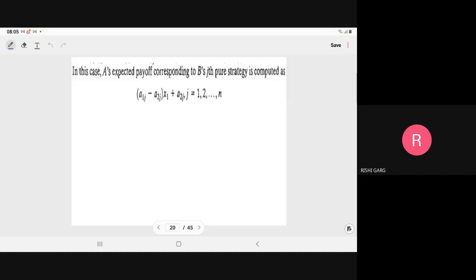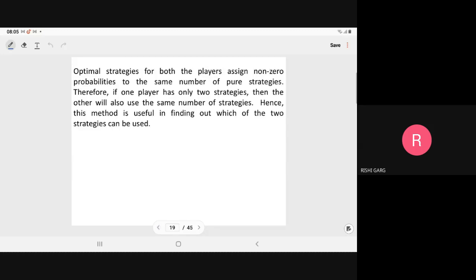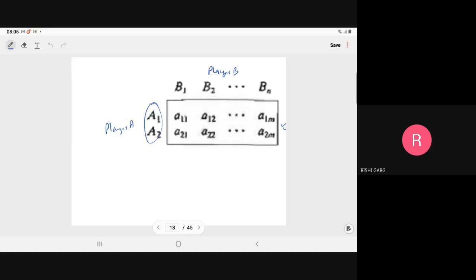Now in this case we compute the expected payoff, because probability is involved directly here, so we have to compute the expected payoff.